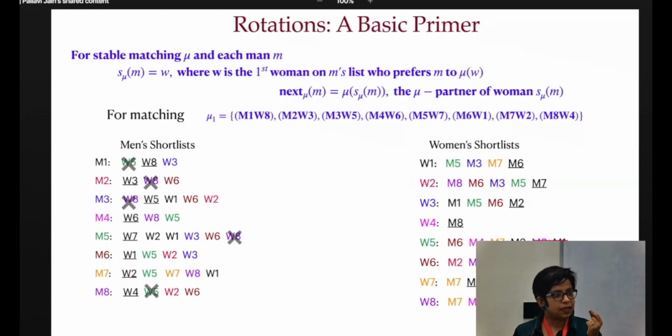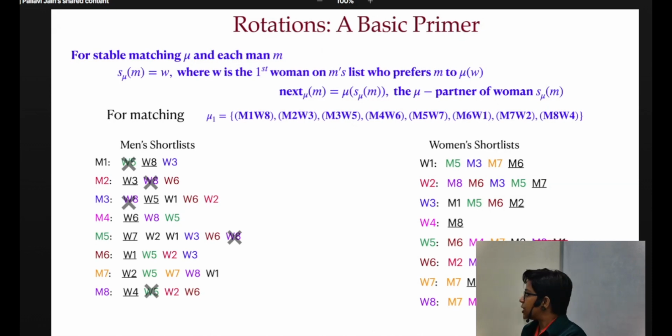Now notice the same woman can be multiple men's successor. So that's fine. Okay? We are just saying this is a function. I'm not saying it's a one-to-one function or anything, or an onto function. It's just a function. It's clear why it's a function, right? Now the next function points to the mu partner of the successor woman.